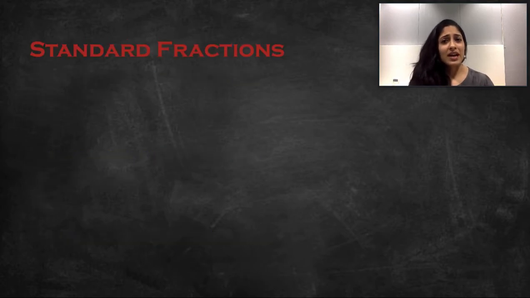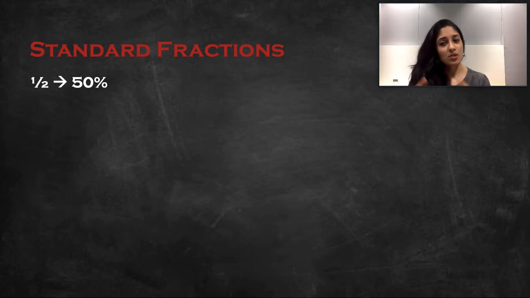Now let's look at a few standard fractions and their equivalent percentages. If we know this list, we can definitely speed up our calculations in most of the questions related to percentages. So we know half is 50%.